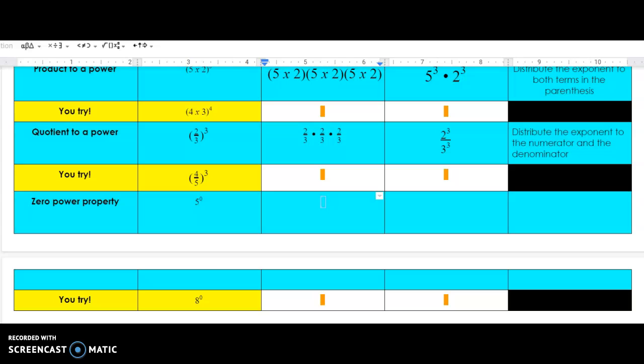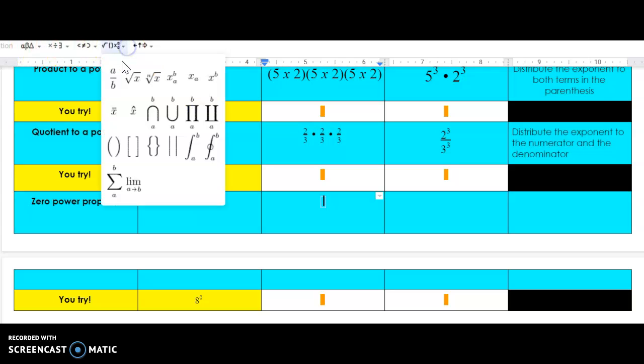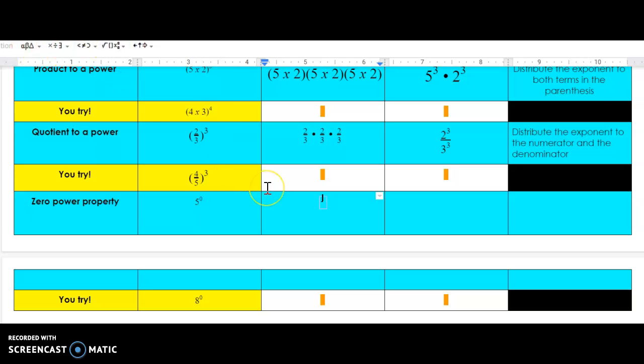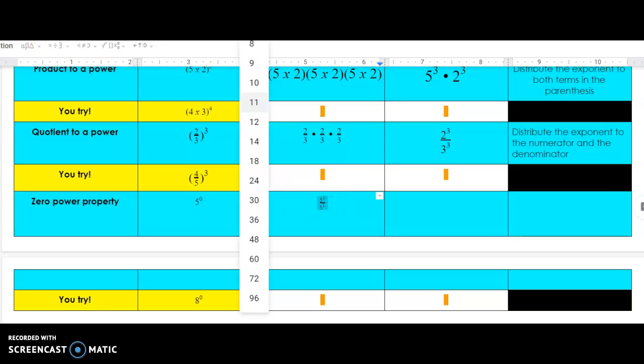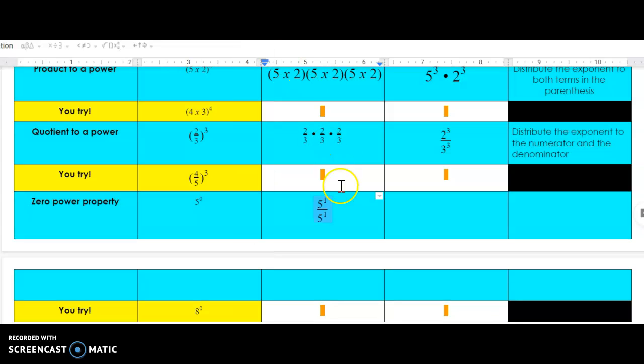So what I can do is, based on the quotient rule, I know that if I have 5 to the first over 5 to the first, okay, this is equivalent. Let me get bigger. This is equivalent to 5 to the 0 power because 1 minus 1 is 0. Okay, so these are equivalent because 1 minus 1 is 0.